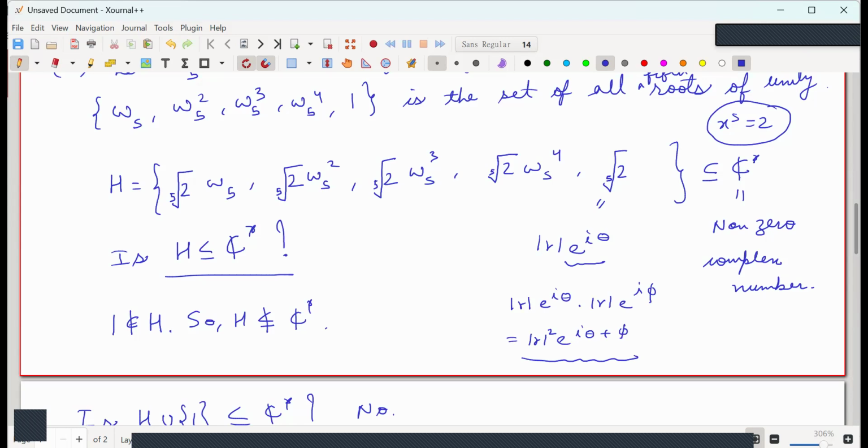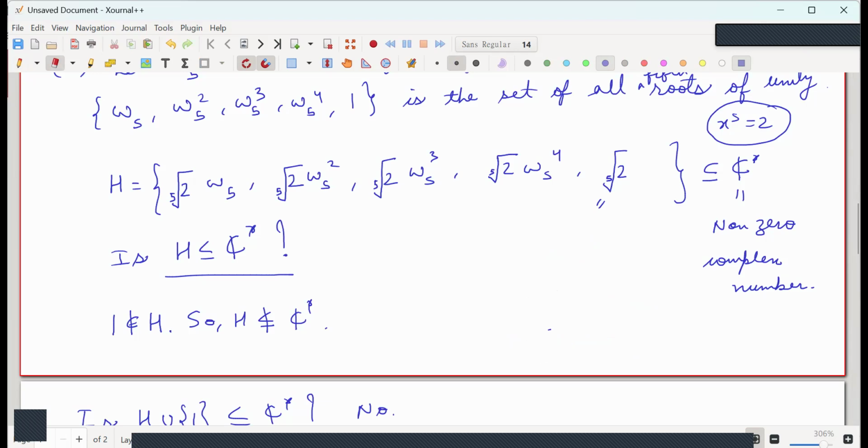Is it clear? If you multiply two numbers from this set, they won't be a fifth root of 2. I hope it makes sense. Yes, sir. Okay, so let me just erase this part.